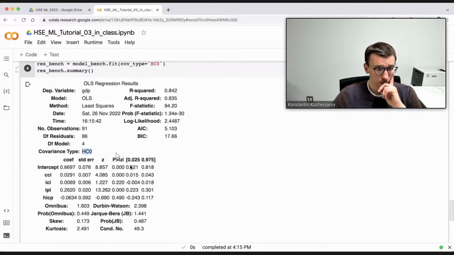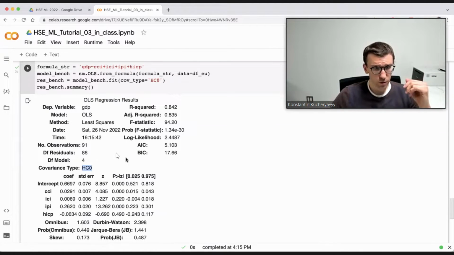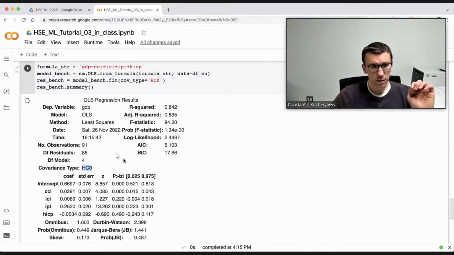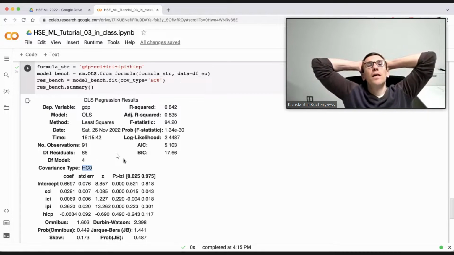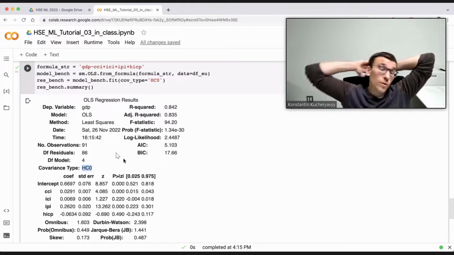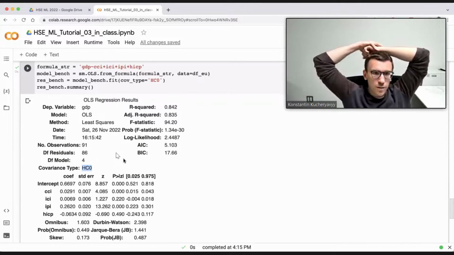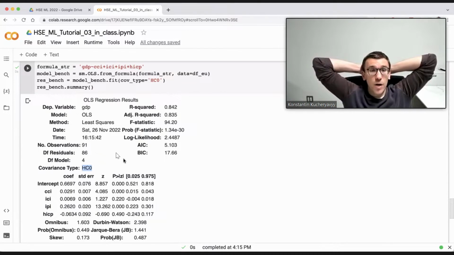Now, going back to this issue that you should by default use heteroscedasticity robust standard errors: this is of course true, but if your errors are too wild, or you see some dependence of errors on data, or serial correlation or some wild heteroscedasticity, then that just indicates that your model might not be right.